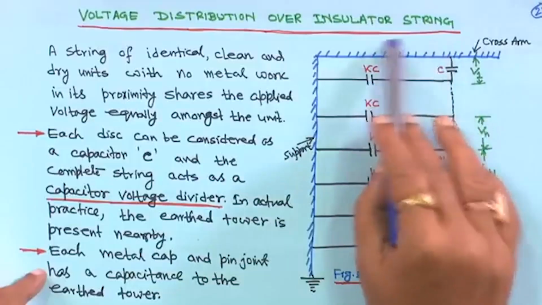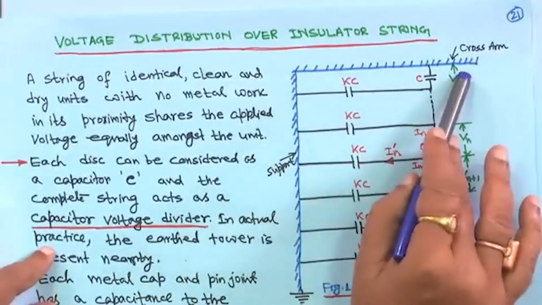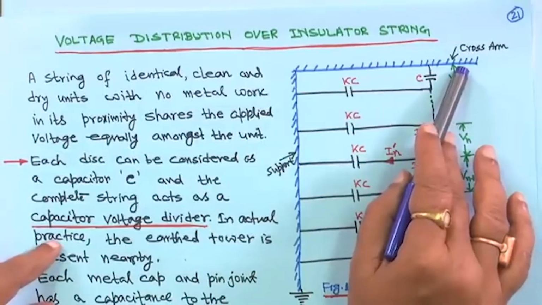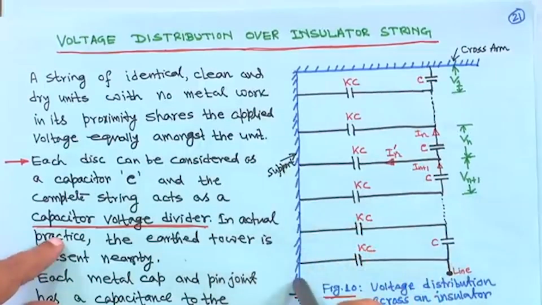Now, how does the voltage distribution over an insulator string happen? Suppose this is your cross arm, because insulators are hung from the cross arm, and this is the support tower.